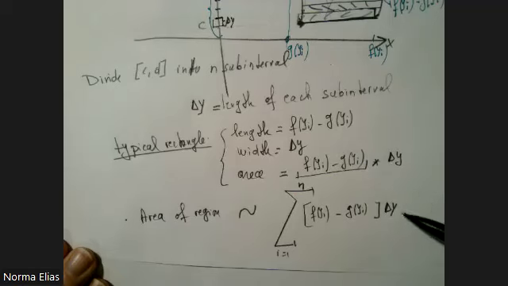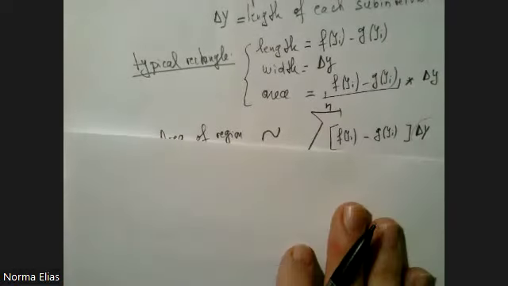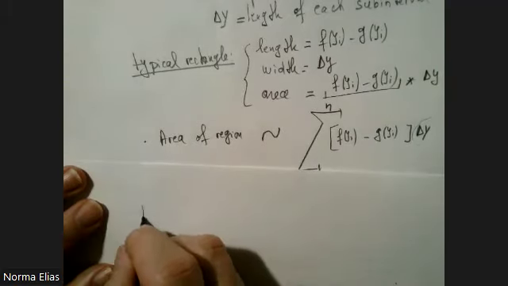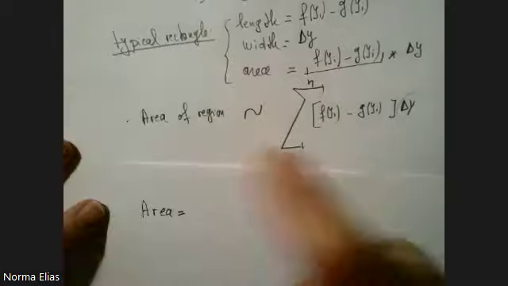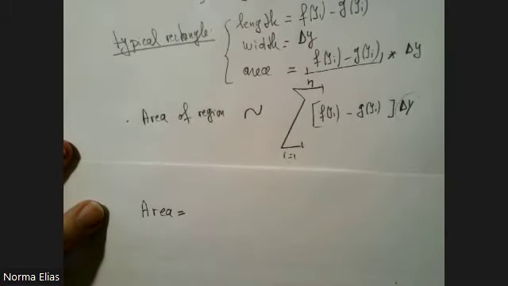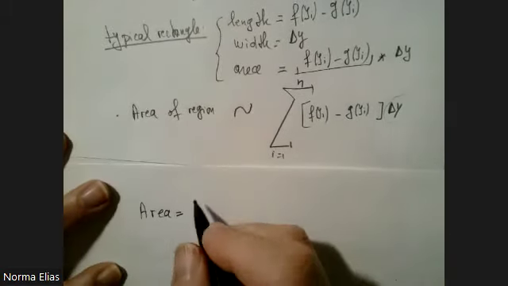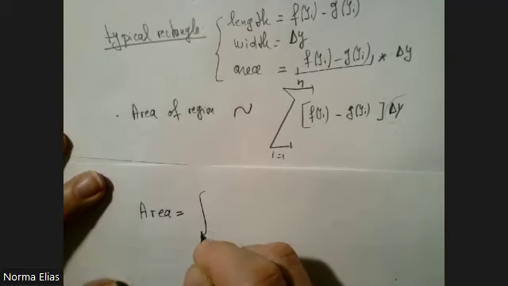A Riemann sum where the variable is y, not x anymore, but it looks exactly like a Riemann sum where the variable is y. So now what's going to be the actual area? It's going to be what happens to those sums when n is large. So by the definition of definite integral, it's going to be the following.